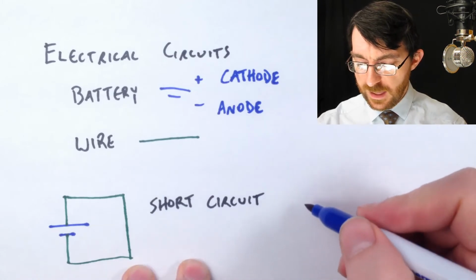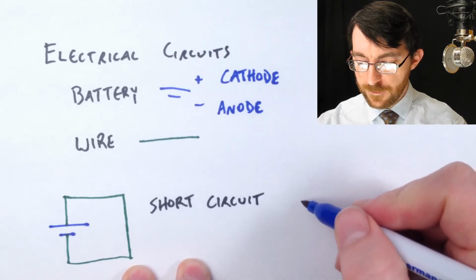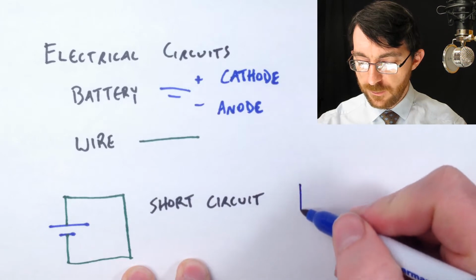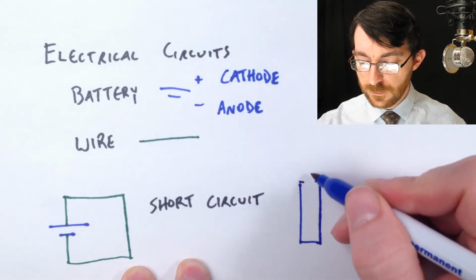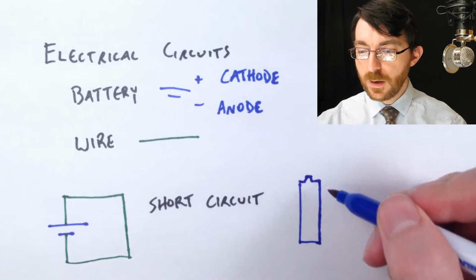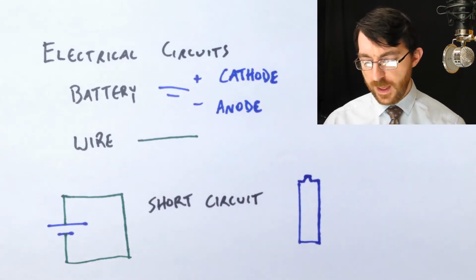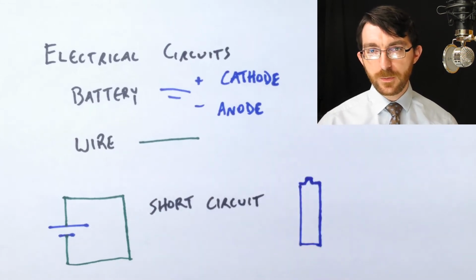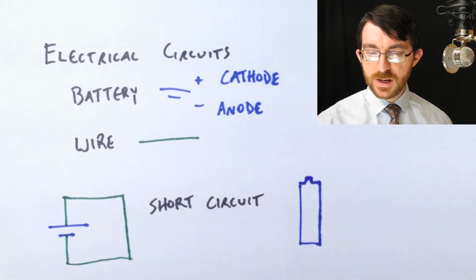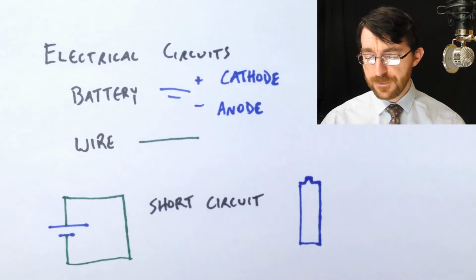So I'm going to draw the outline of a AA battery because that's a pretty familiar one. Okay, so we got our AA battery there, and we got the positive post over here, with a little nub on it, and here's the negative post, the one that's more flat.